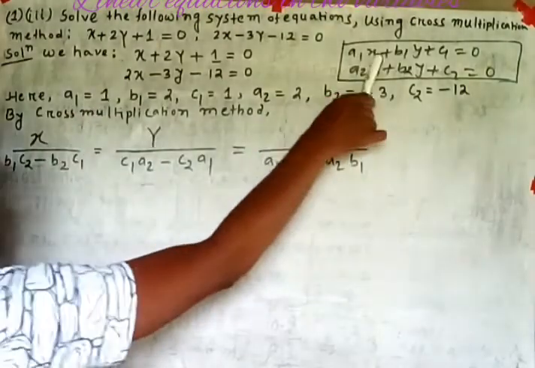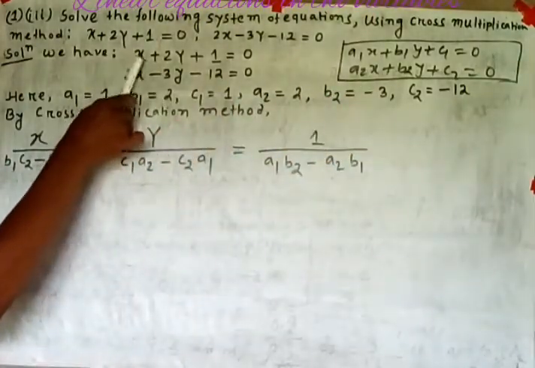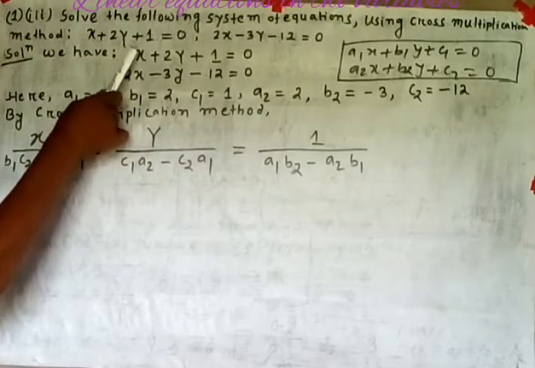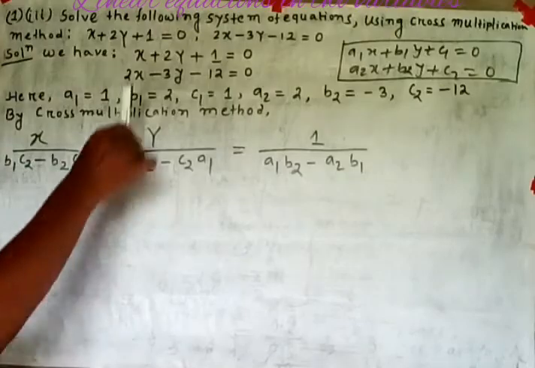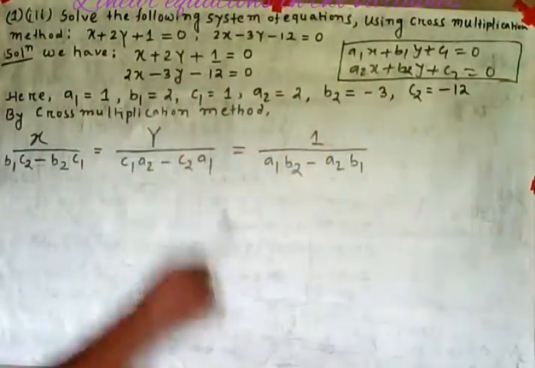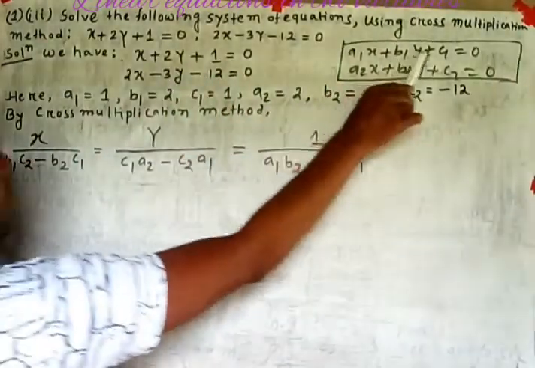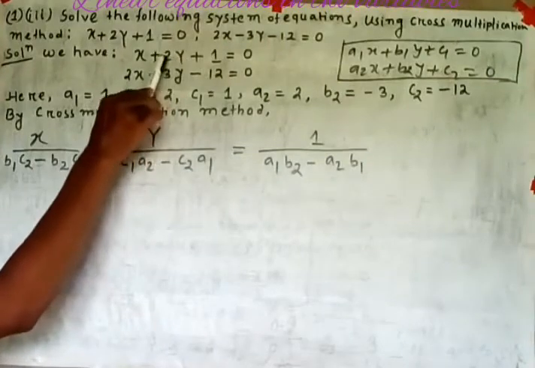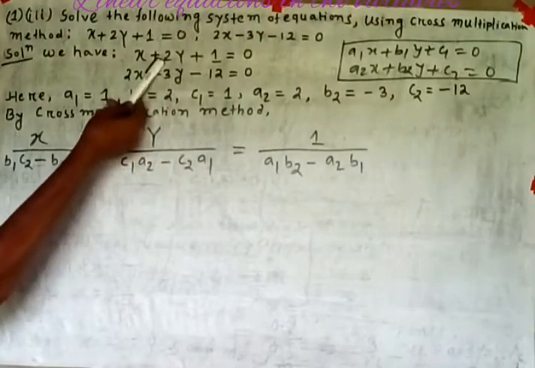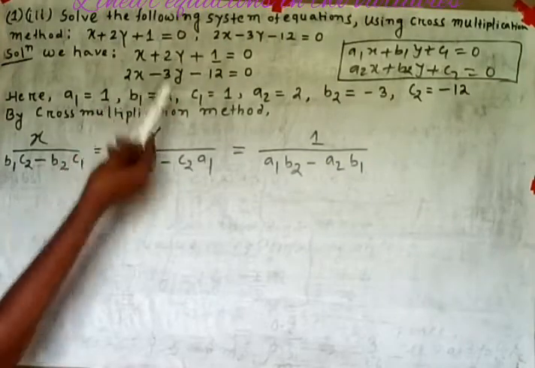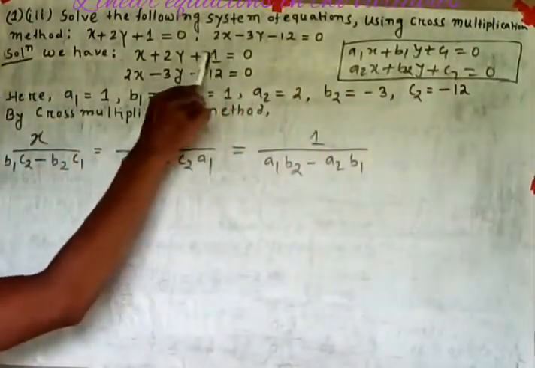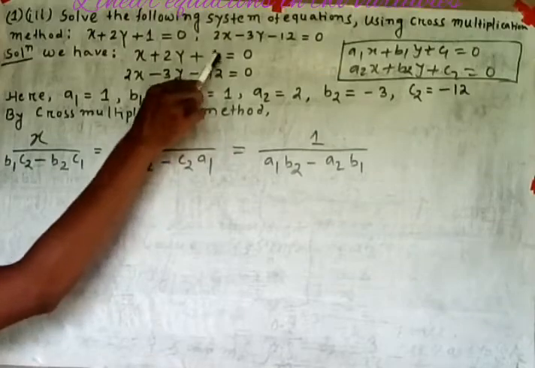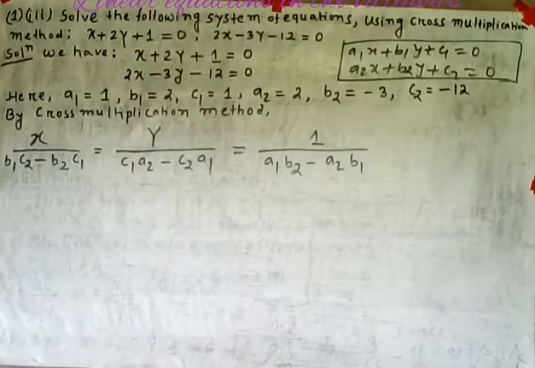For a1x there is nothing written, so the value of a1 will be 1. Then plus is plus, then b1y. Here it is 2y, so 2 will be the b1 value. Then c1 means the constant, so c1 equals 1.